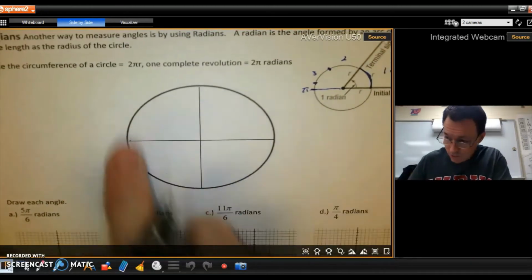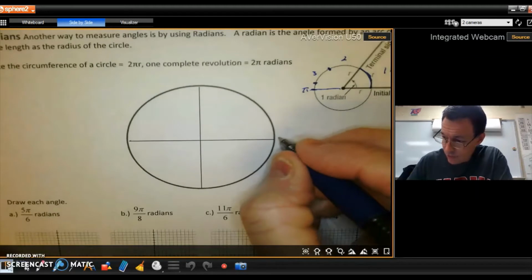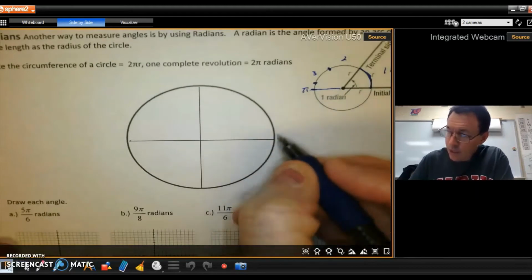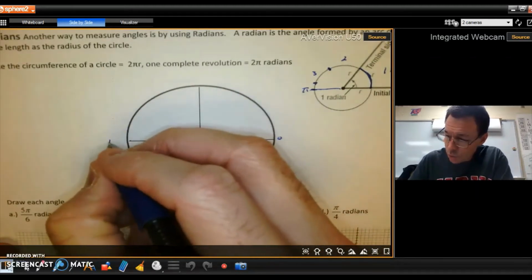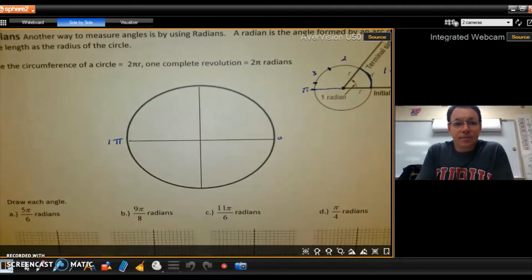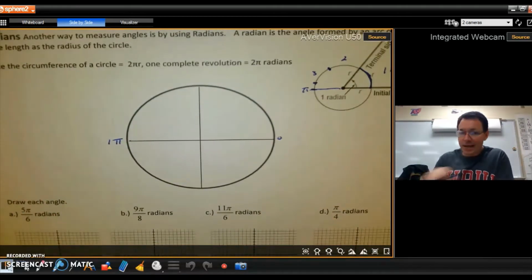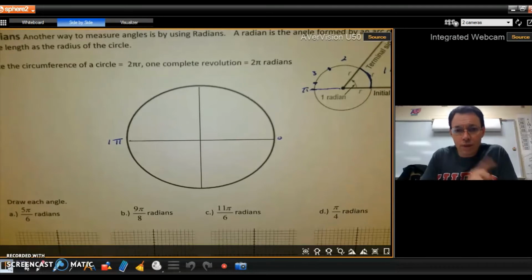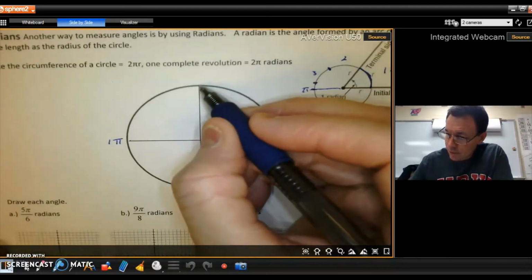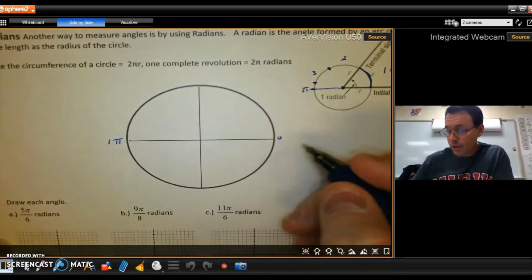So looking at a circle, this would be 0. Halfway around is 1 pi radian. And we usually just list that with a pi symbol, but I'm going to put the 1 there just to be more specific. That is 1 pi. So then a complete circle would be 2 pi.